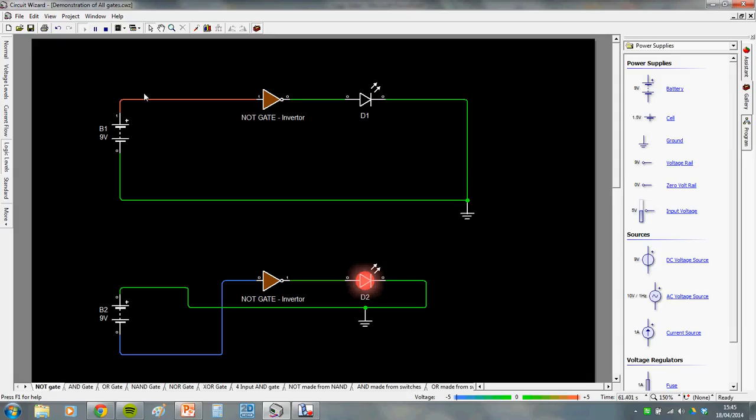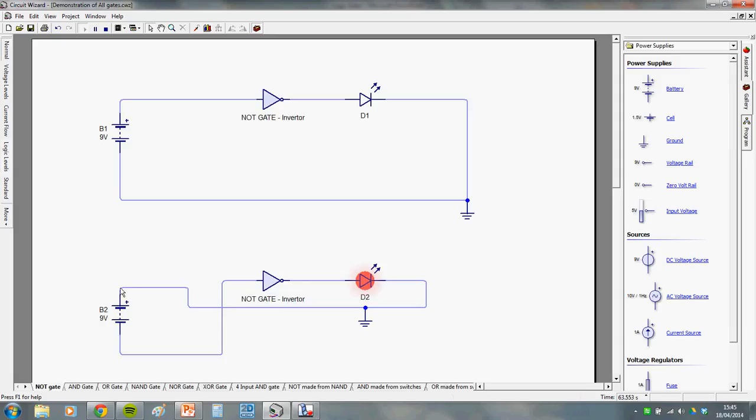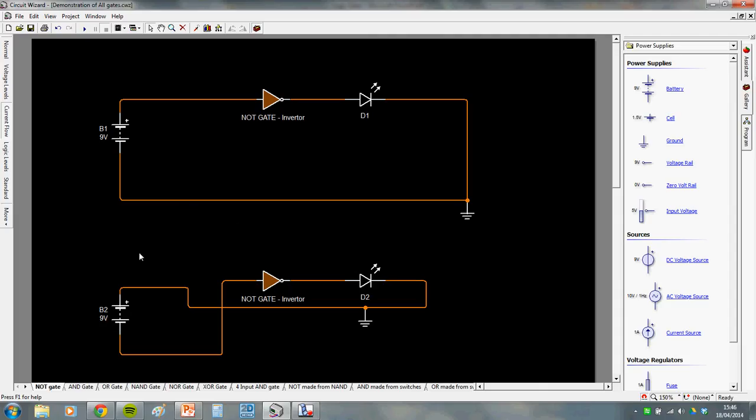But in real life what you've got to remember, I can't really draw it, is that these logic gates actually have two other connections. They would technically have a positive connection and a 0 volts connection, as well as the input and the output, and that's how it works.